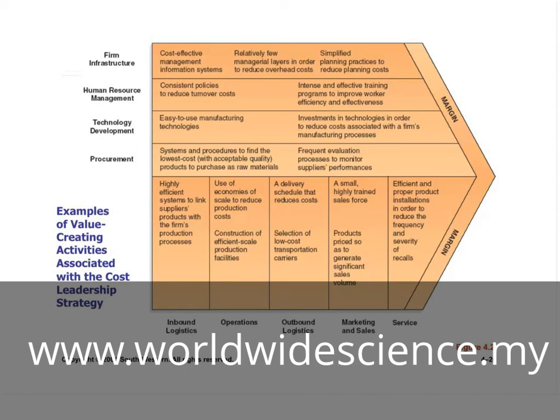Then human resource. Human resource is consistent policies to reduce turnover costs. This is a huge issue for companies, you know, turnover.